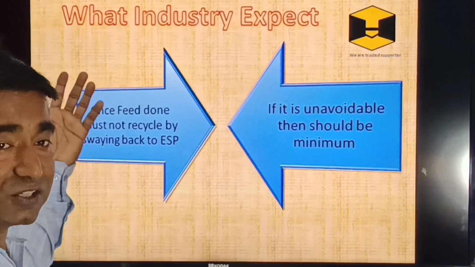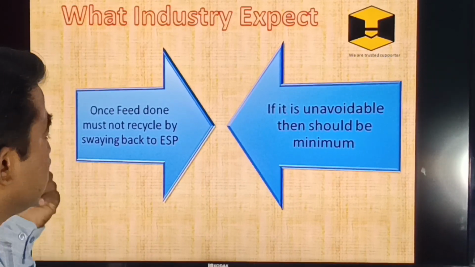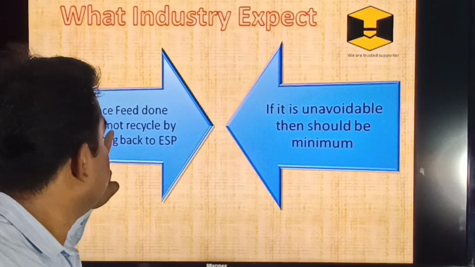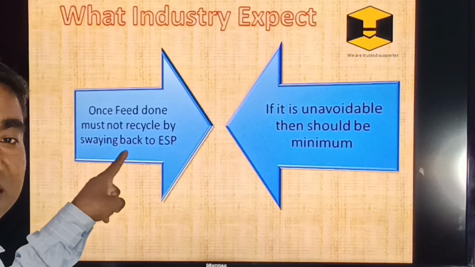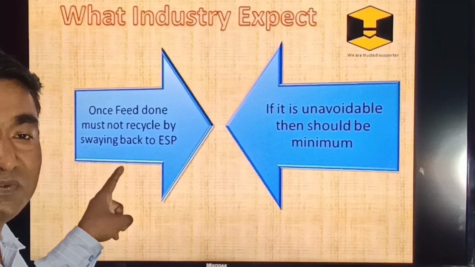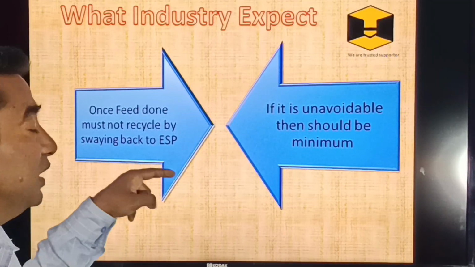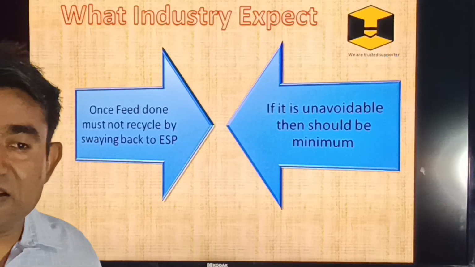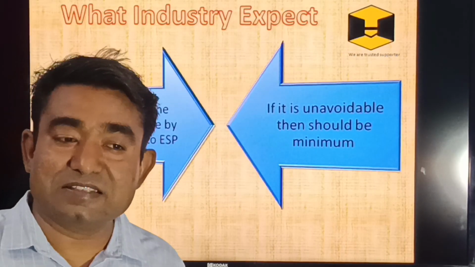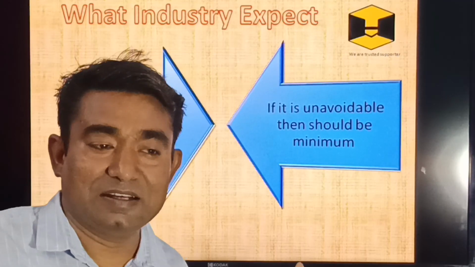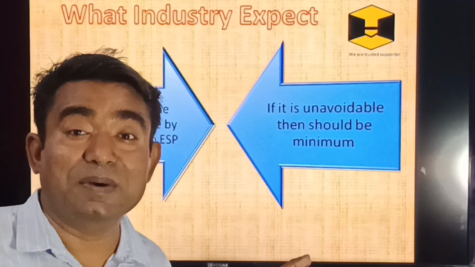So what does industry actually expect? Industry expects a solution where, once the lime mud has been fed into the kiln, it should not be recycled, from the feed end to the ESP and then from the ESP back to the feed end. And even if there are circumstances where we cannot avoid this recycling completely, at least it should be minimized.